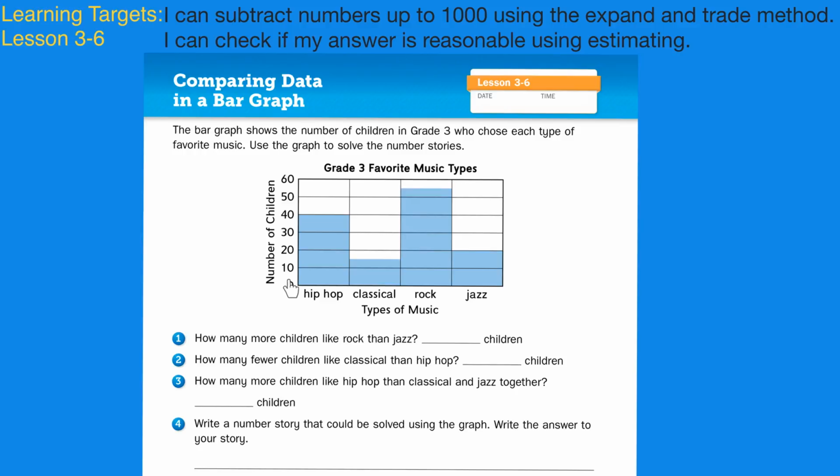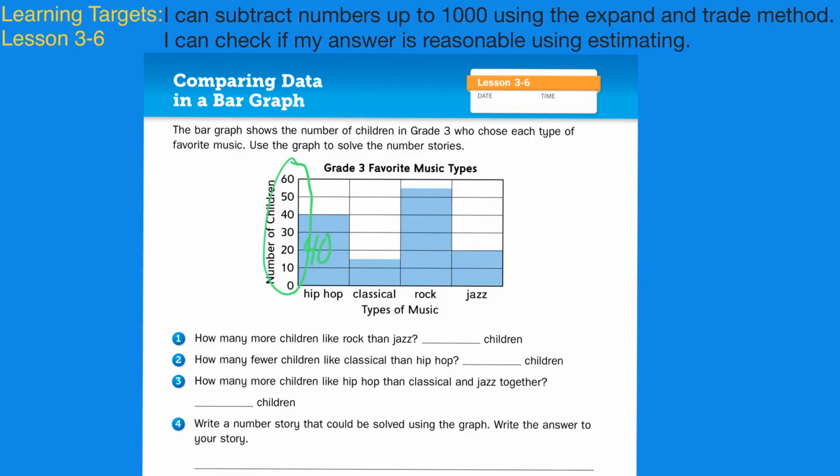We need to be very careful that we look at each side of the column so that we can get the units. Each one of these rectangles represents 10, so each time we count, we need to count by 10. 10, 20, 30, 40. So it's really important that we think about that as we're solving graphs. I saw a lot of us ignore that on our last test, and we just looked at the rectangles or the squares and didn't see the information that was over here on the side.